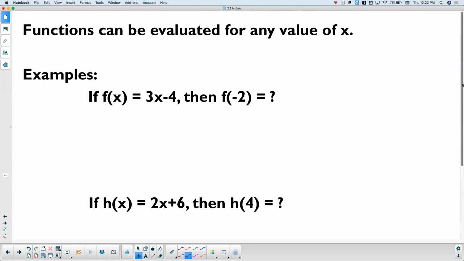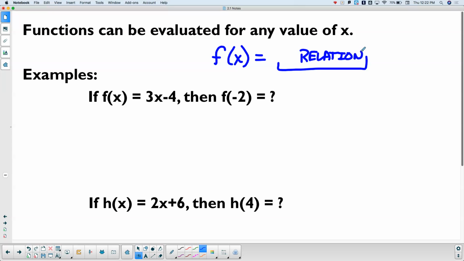Oh well. Alright, so functions can be evaluated at any value of x. So function notation, remember, is f of x. Okay.